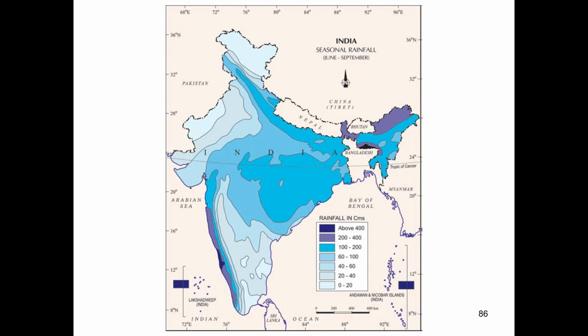We are using different colors with different shades. The rainfall in centimeters: 0 to 20, 20 to 40, 40 to 60, 60 to 100 and above 400. So this is the area where the maximum rain is there, this area is the next one, and these are the areas where there is less rain. So this presents everything in cartograms.